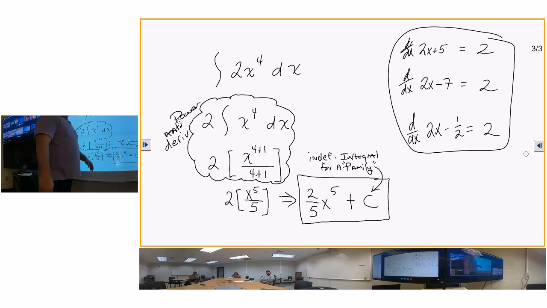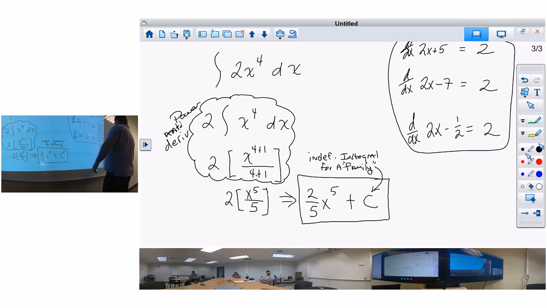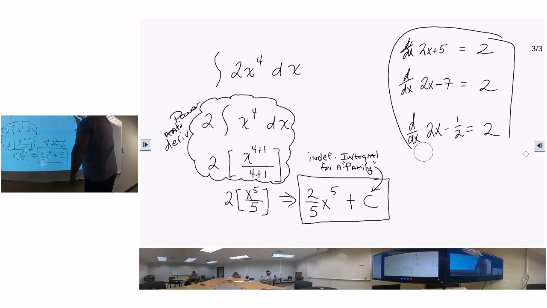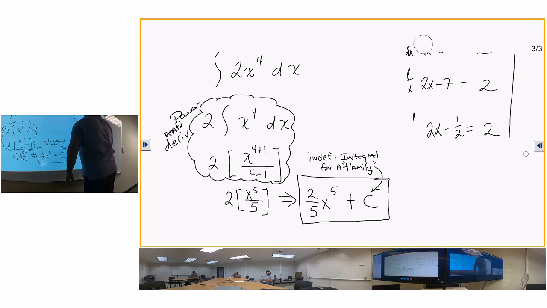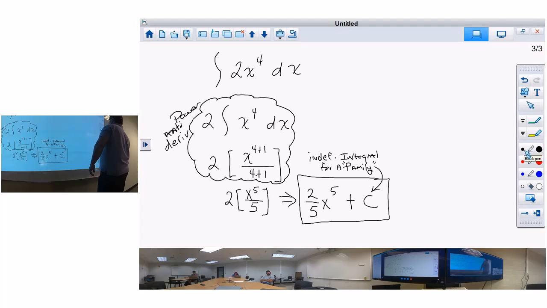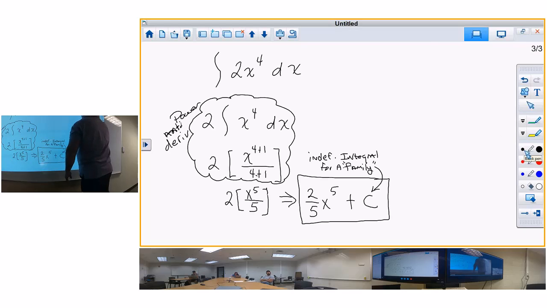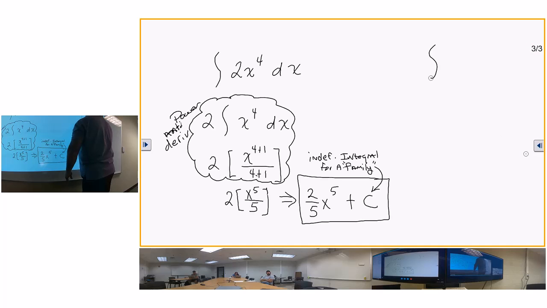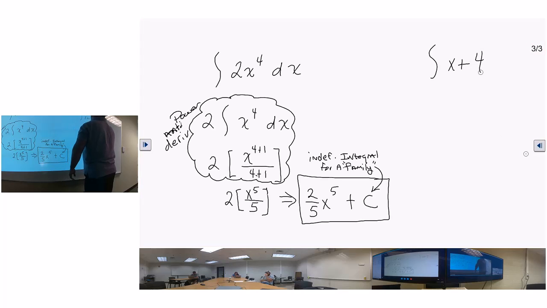What about if I gave you the derivative, and this is where I told you before, when in doubt, write it out. Remember me telling you to write out x to the first and x to the 0? Well, what if I gave you, find the antiderivative of x plus 4 dx?